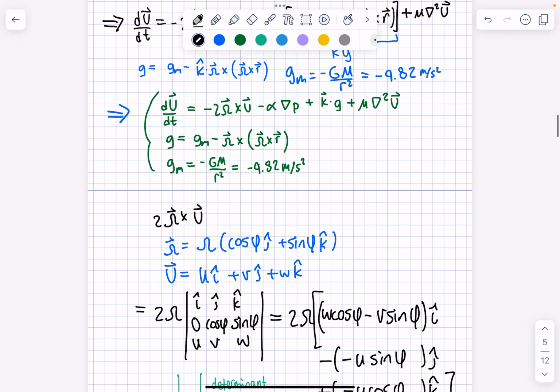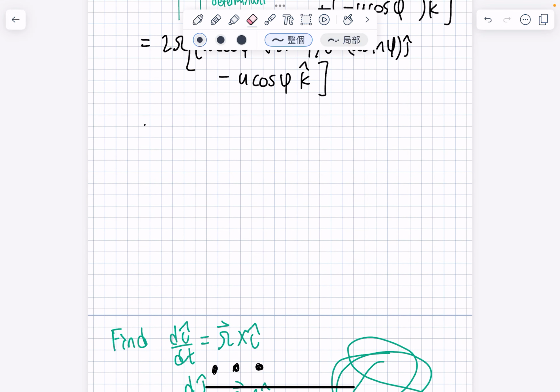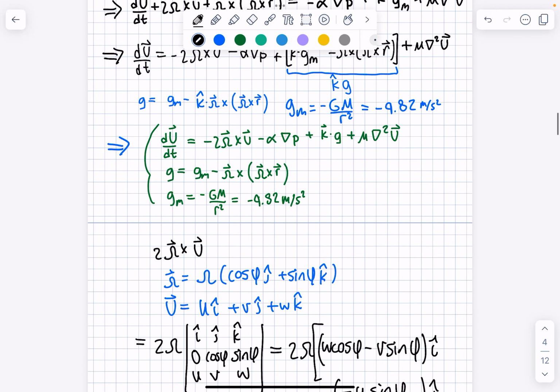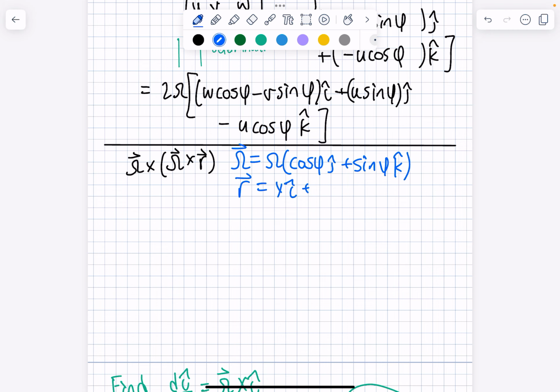And then I will also show this term, omega cross omega cross R. Knowing that omega is equal to omega times cos phi J plus sine phi K, and R is equal to xi plus yj plus zk.